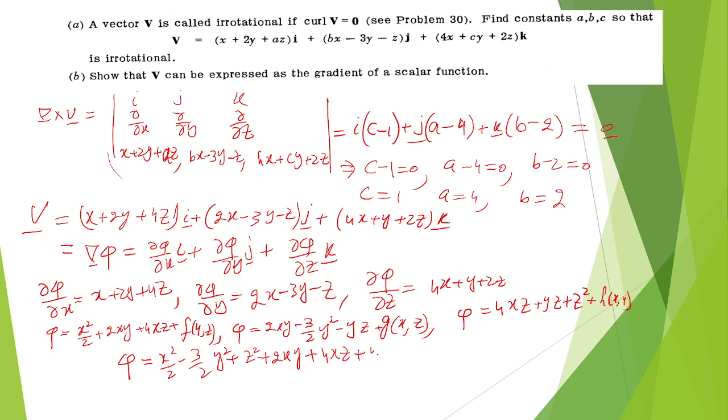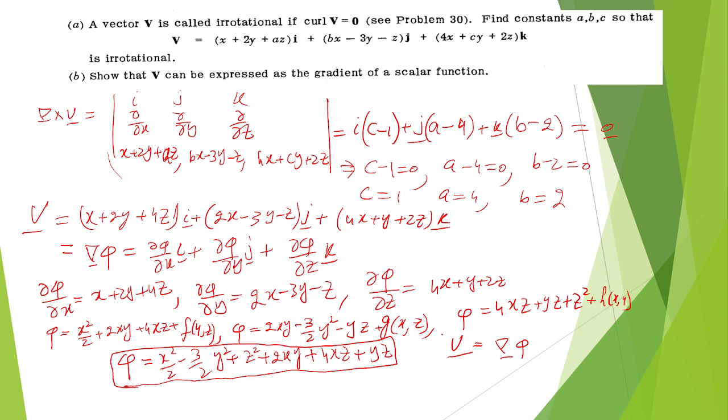So I am writing yz, one of them, either plus or minus. So this is the function phi whose gradient is V, and this condition will satisfy grad phi.